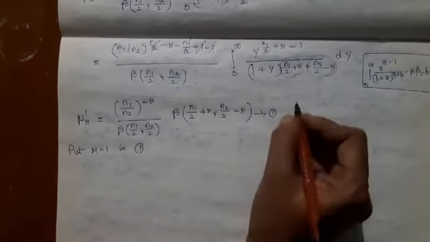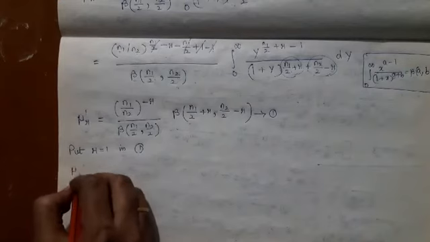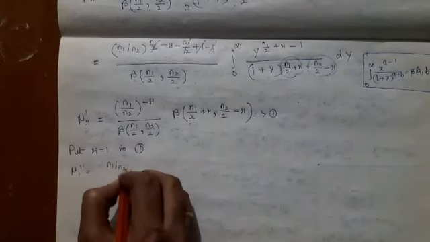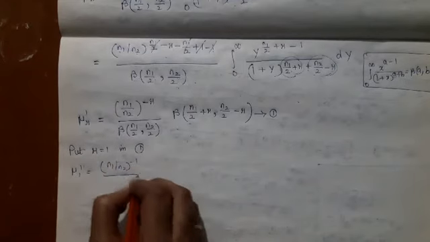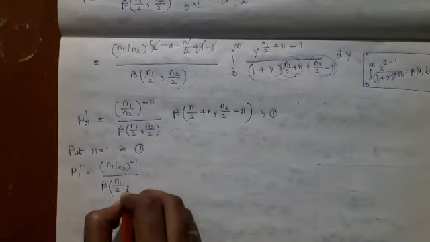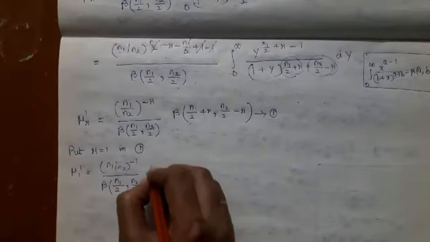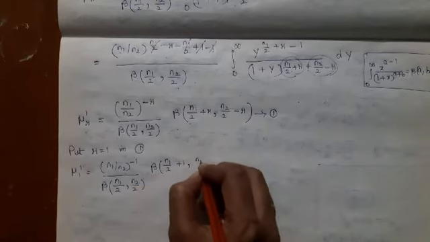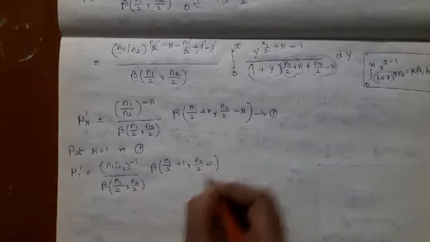So this is my answer. If I put r equal to 1, I get μ1' equal to (n1/n2)^(-1) times beta of (n1/2 + 1, n2/2 - 1) divided by beta of (n1/2, n2/2).